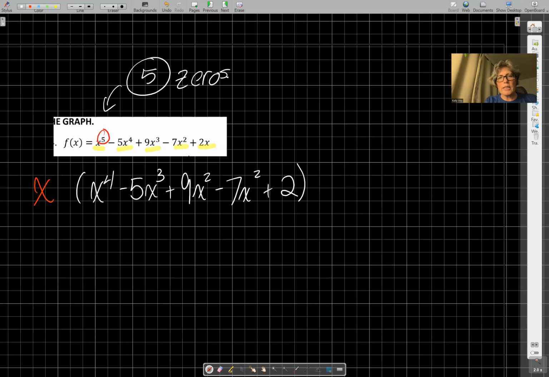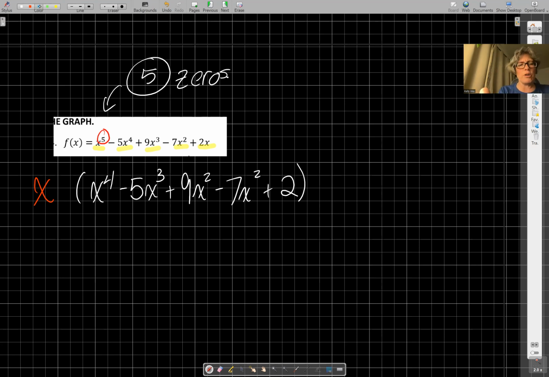Now I have this giant, long monster problem, and I can't really group anything because it's an odd number. And so what you're going to do is find your potential rational roots and do long division.